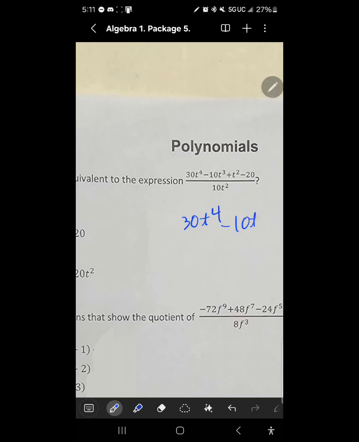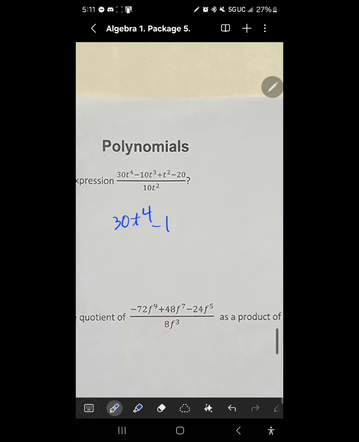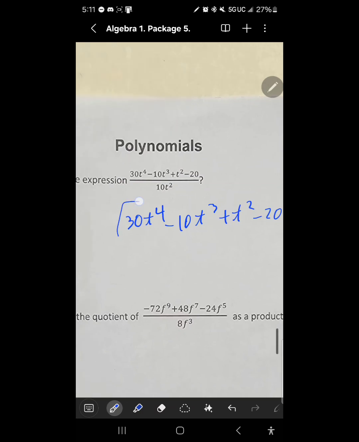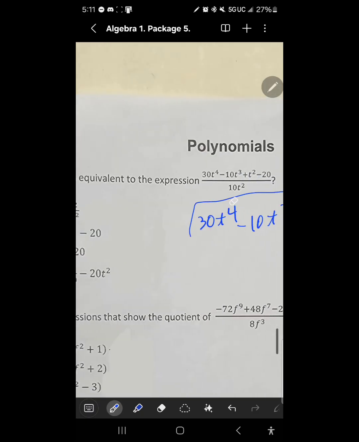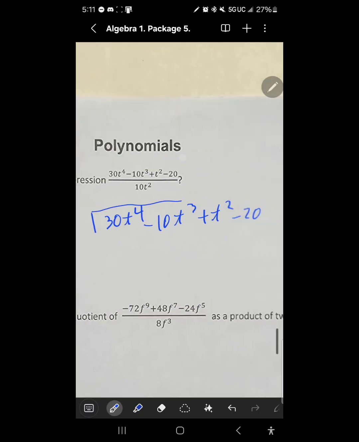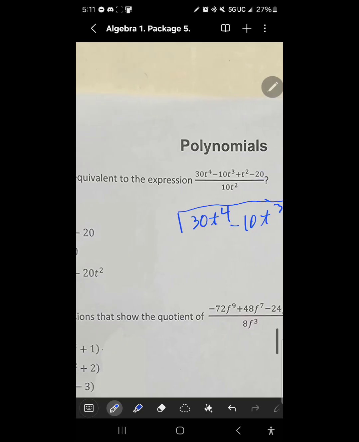3t4 minus 10t3 plus t squared minus 20, all that divided by 10t squared.